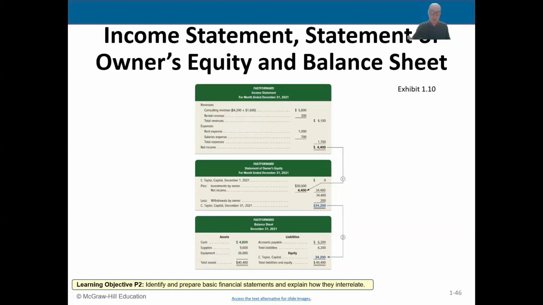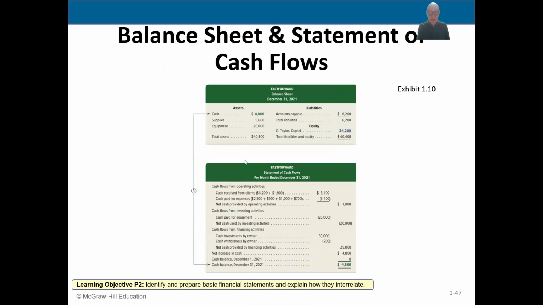That ending balance from the statement of owner's equity gets transferred onto the balance sheet under owner's equity. You see how it's all related, right? And then the balance sheet is also related to the statement of cash flows. The cash balance on the balance sheet is also the ending cash balance on the statement of cash flows. That shows you how the four primary financial statements are all related to each other.